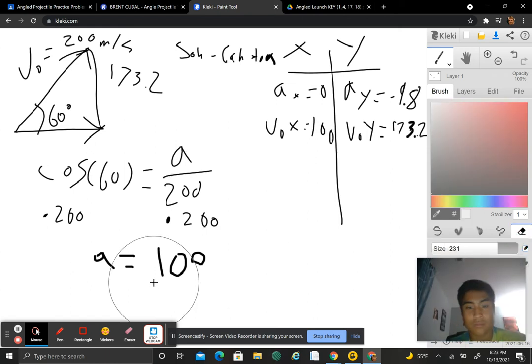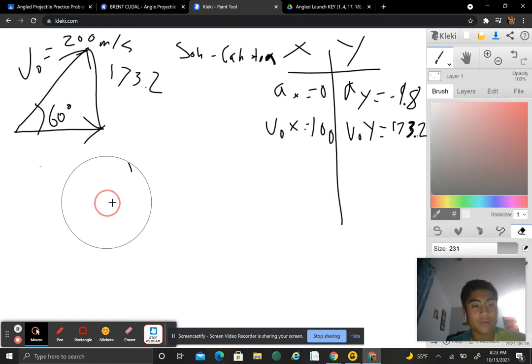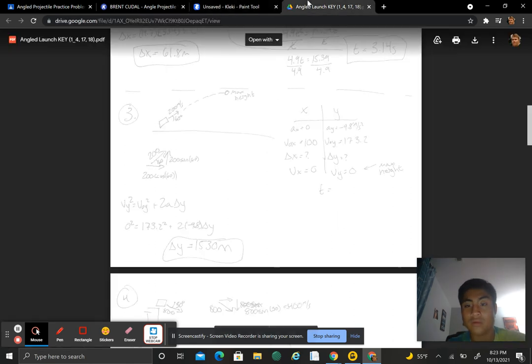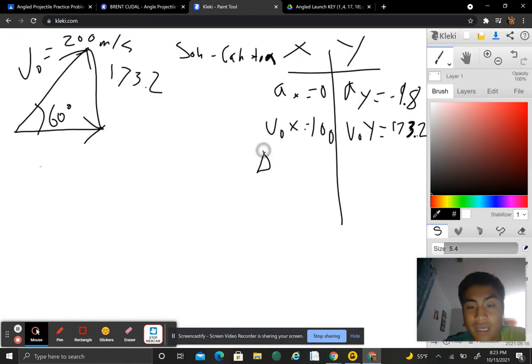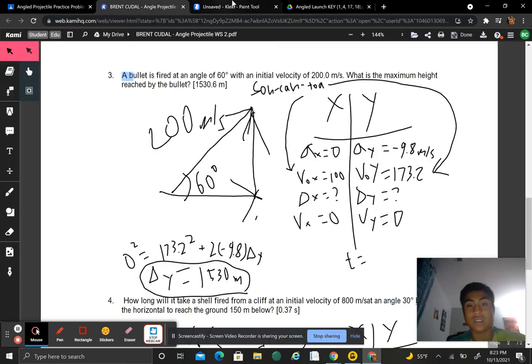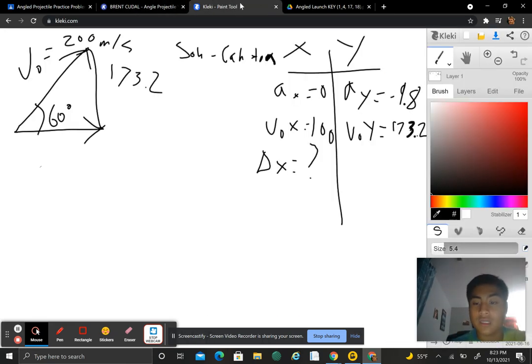Now, let's take the time to write out the rest of our variables, even if we don't end up using them, just because it's good habit to be able to do that. Delta x, which is not what we're trying to find, is a question mark. And delta y, what we're trying to find, is also a question mark.